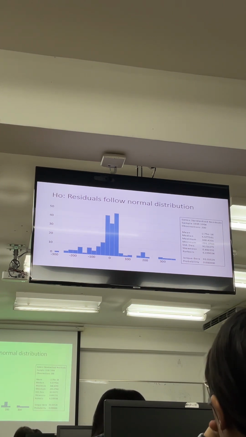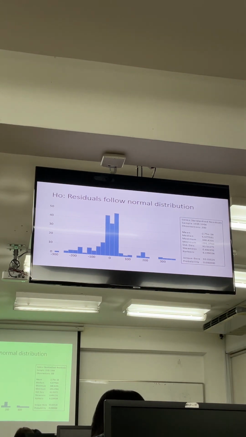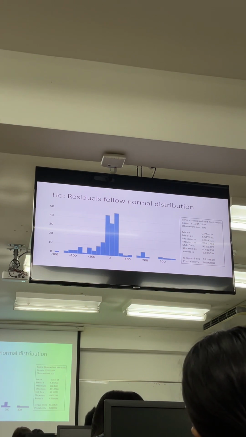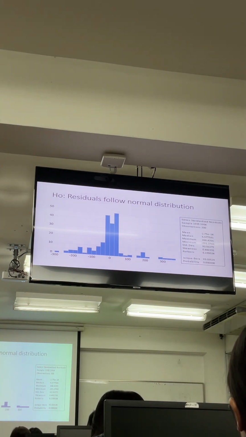Not only that, based on the heteroscedasticity tests, either the panel cross-section heteroscedasticity test or the time-series cross heteroscedasticity test, also show that there is evidence of heteroscedasticity. Not only that, my residuals also do not follow the normal distribution.